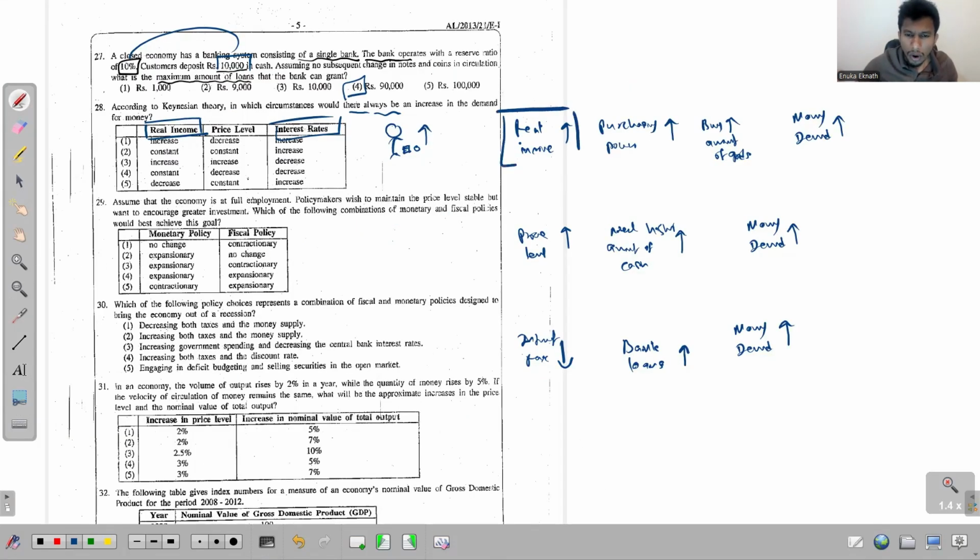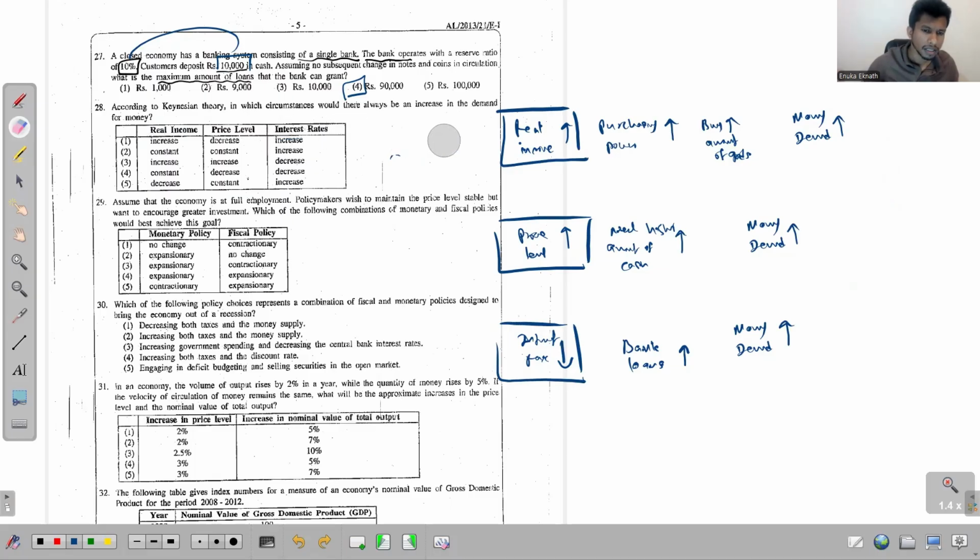So these are the three optimum conditions for this money demand to increase. Real income should increase, price level should once again increase, and the interest rates should decrease. So the answer for this question is the third one.